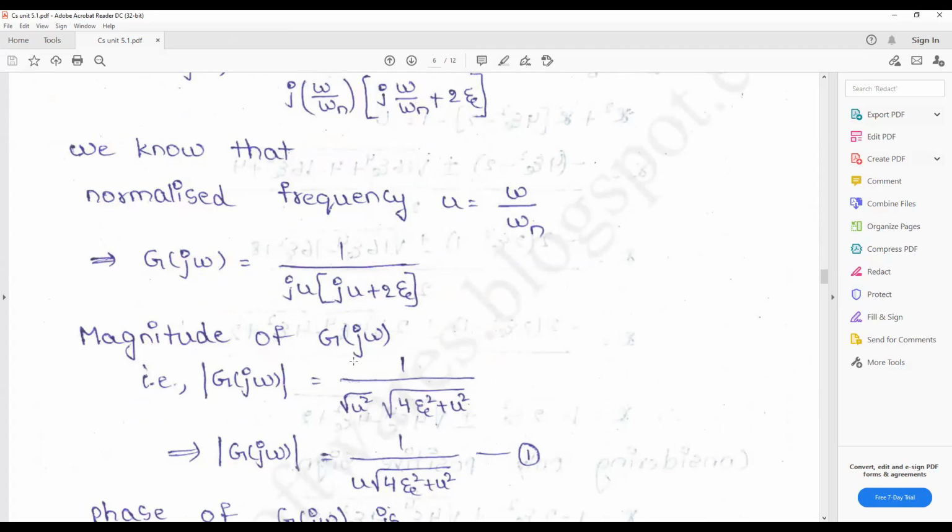So the magnitude of g of j omega is equal to 1 by the magnitude of this: 0 plus j times u for one term, and this is 2 neta plus j times u.